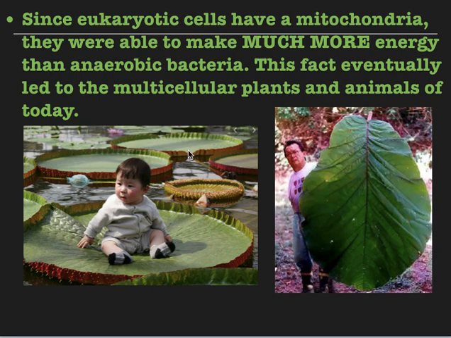So what happened is, once the mitochondria evolved, they were able to make a lot more energy than just anaerobic bacteria, and that filled the planet Earth with oxygen, which allows the multicellular plants and animals of today to be alive. So bacteria started out by making our oxygen. Then the first primitive algae, which makes the ponds green in the summertime, came along, they added some more oxygen, and then simple plants added even more.